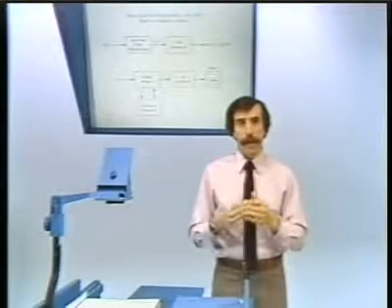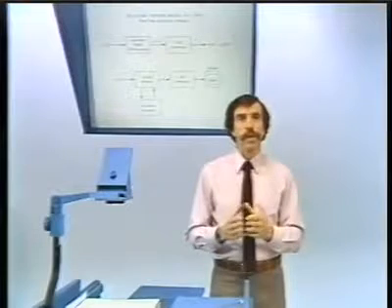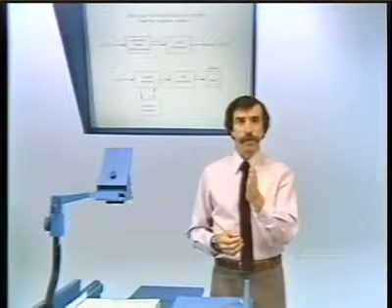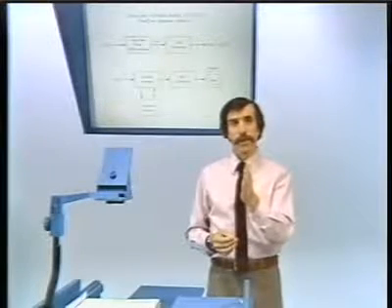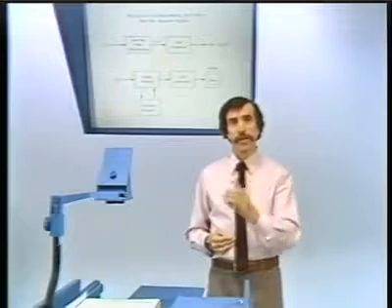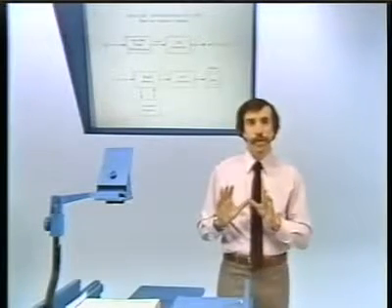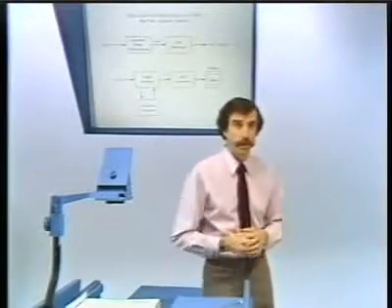Or if we have an input which is a square wave, what we'll generate through the spectrum analyzer are the Fourier series coefficients, or equivalently, the harmonics associated with the square wave. Okay, well, let's now go back to the equipment and look at the spectrum analyzer.